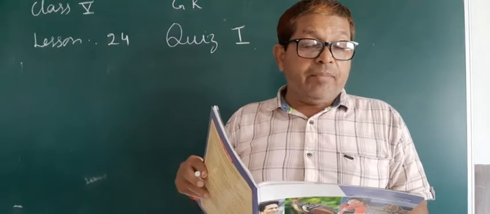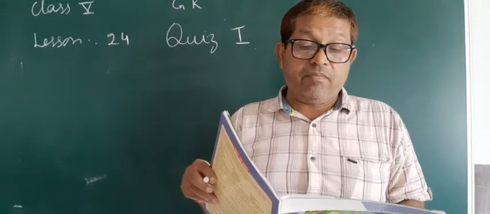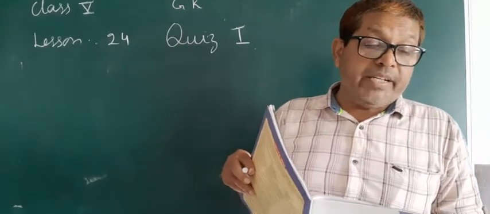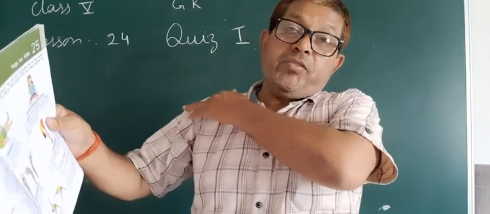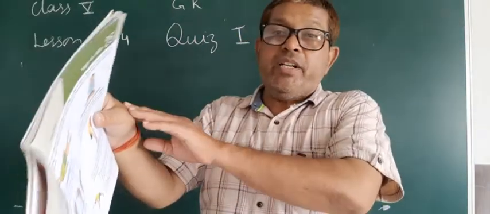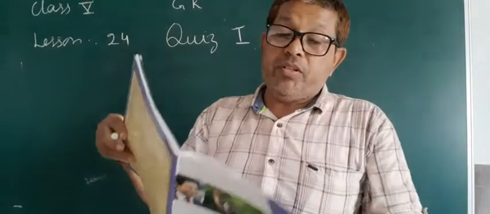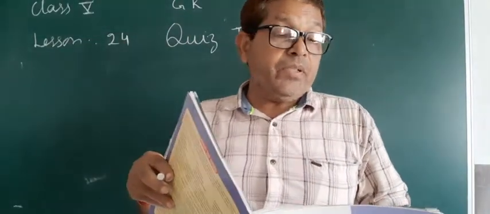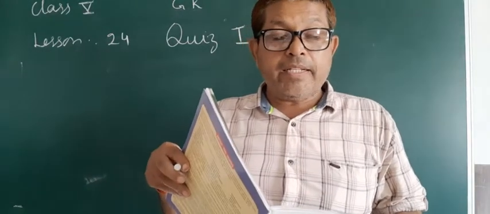What is the name of the joint in the middle of the arm? One joint is here, one joint is here, one joint is here. You have to tell the name of this joint. So 3 options are given: A knee, B shoulder, and C elbow.